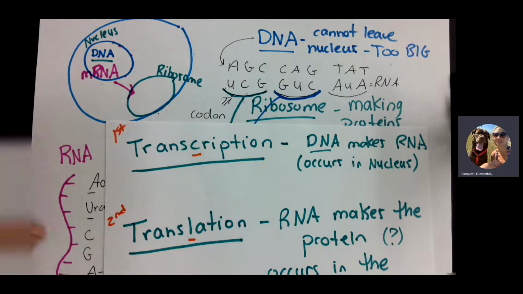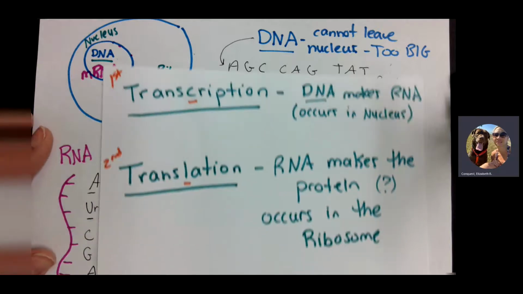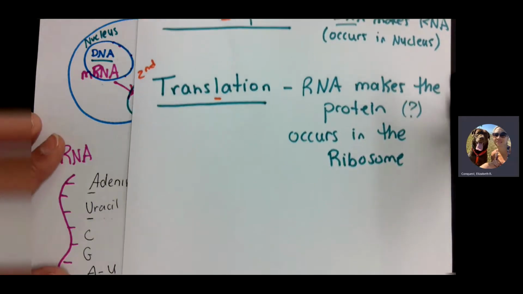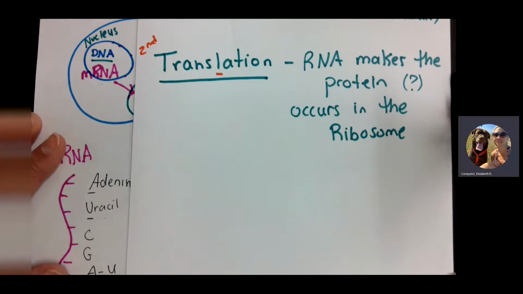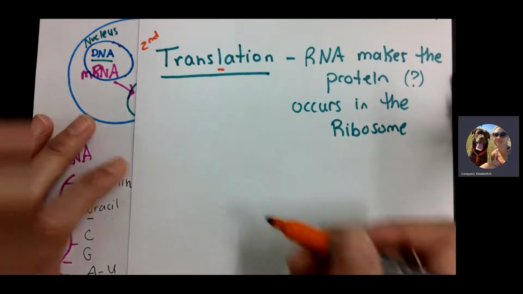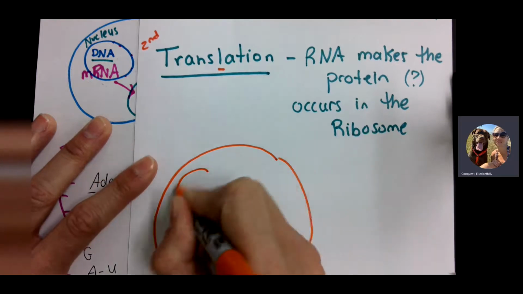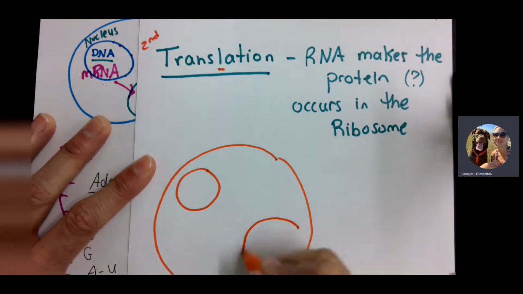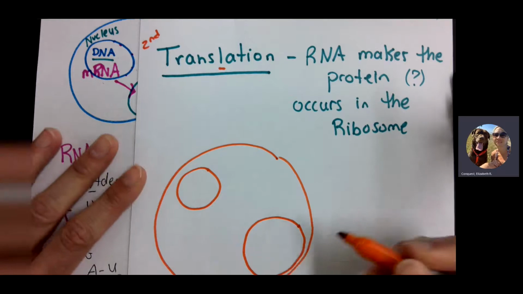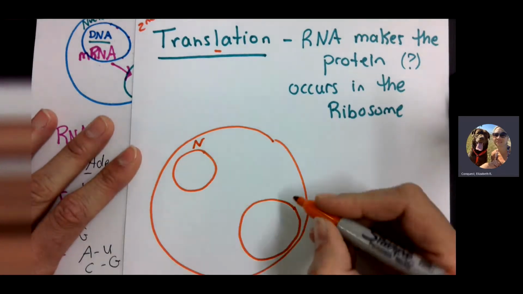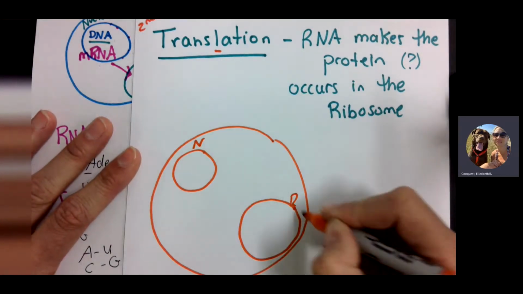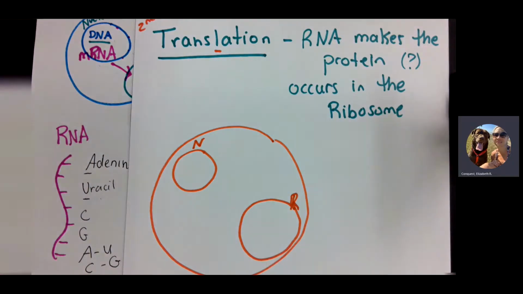All right, one last thing I want to show you, and it's not the biggest thing that we have to know, but it is kind of important. Here's my cell, there's my nucleus, there's my ribosome. Okay, you don't have to redraw this, but I thought I would show you. We already learned about messenger RNA.